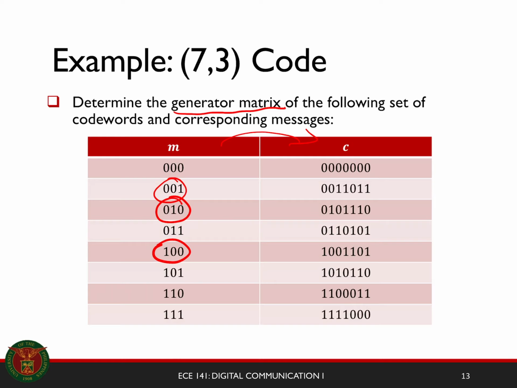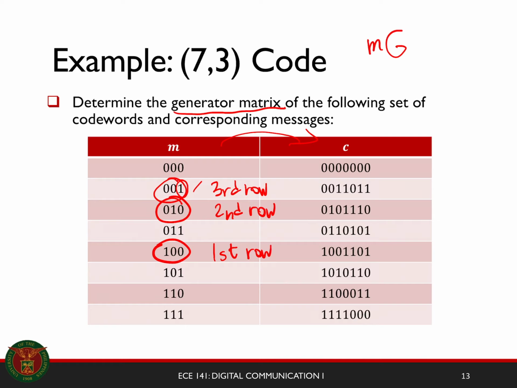I told you before that if you have your message multiplied to your generator matrix, if you take 0 0 1, since 1 is at the rightmost position in the arrangement of bits, then you're getting the third row of your generator matrix. This one, second row of your generator matrix, and this one, the first row of your generator matrix.